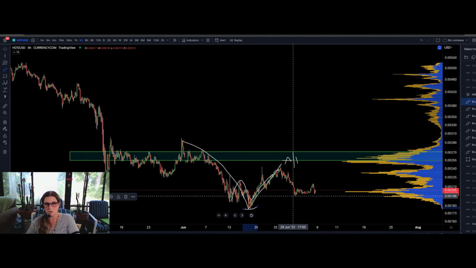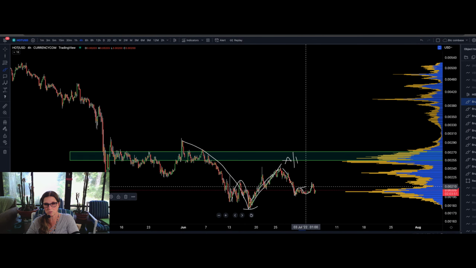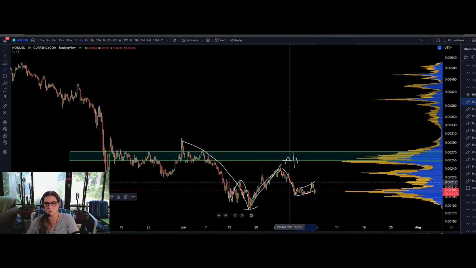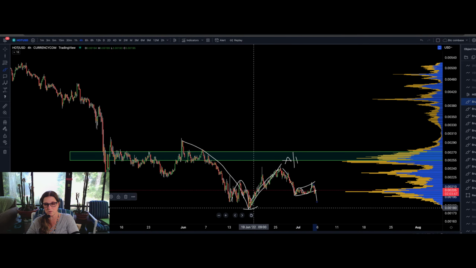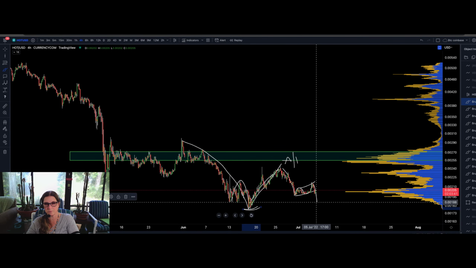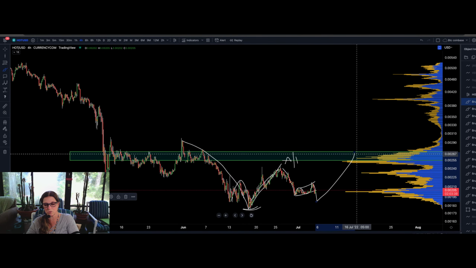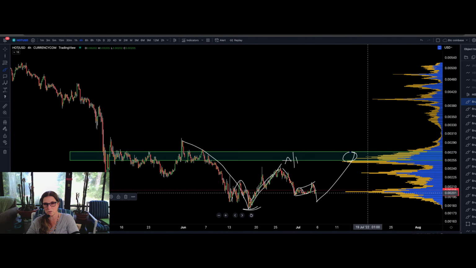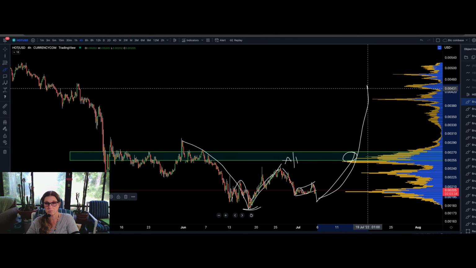This looks like the middle connector, and this is going to get a partner. We'll have to see if it can stay above this low. If it can be an A or a 1, then we could kick to the upside. Then do we get through this resistance, and do we do it in a big third, fourth, fifth?